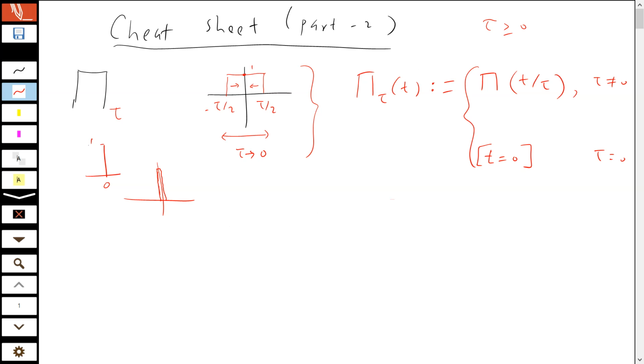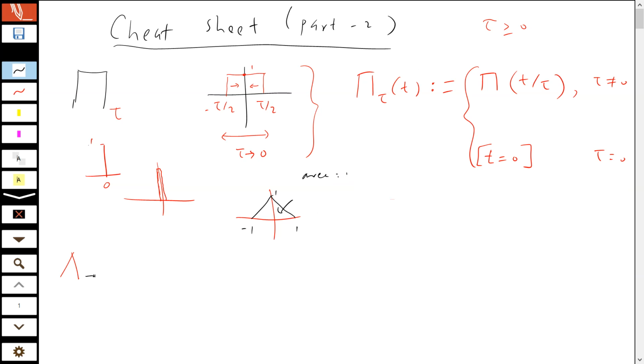A similar reasoning can be applied to the triangular function, right? The standard triangular function will be like this. Sorry, I'm not actually proud of my drawing skills. So it will go from minus 1 to 1, and the height is 1, so the area is 1.